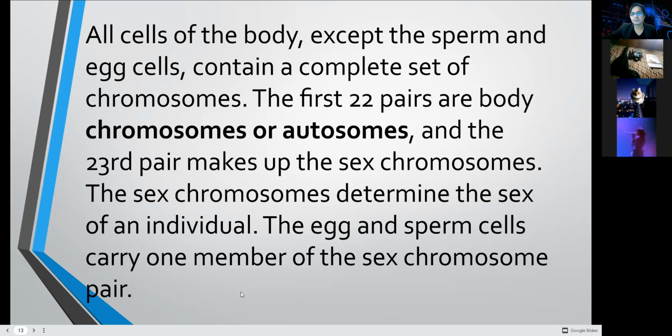Again, the 22 pairs are the autosomes, which are your physical characteristics and your attributes, and the 23rd pair or the last pair is called the sex chromosomes or gonosomes.